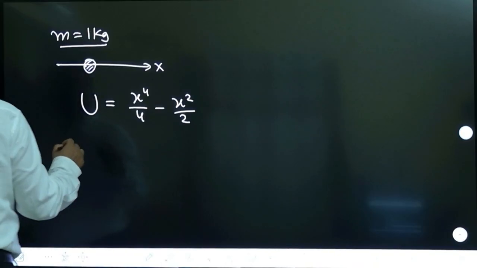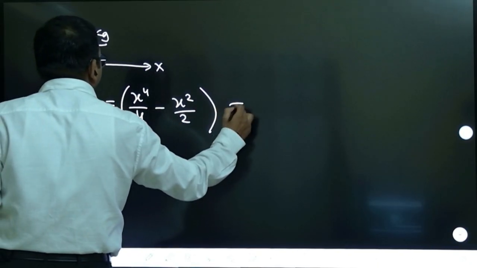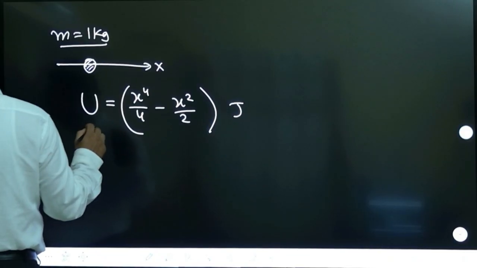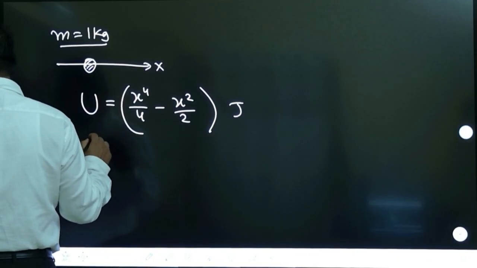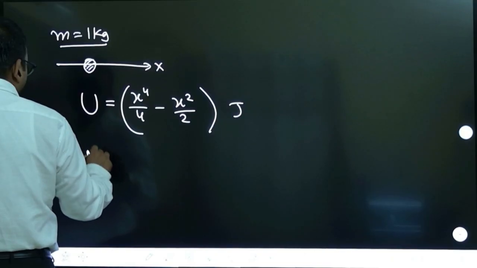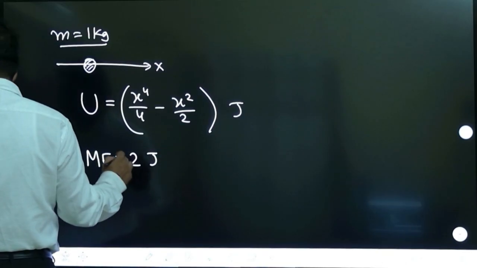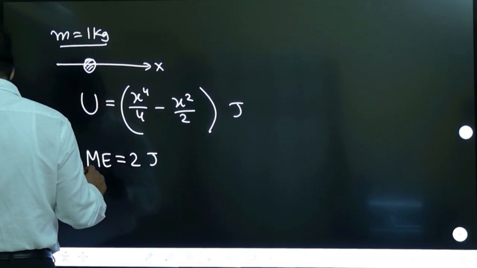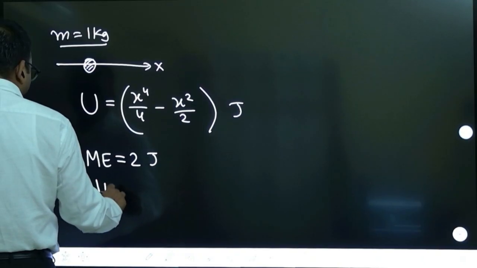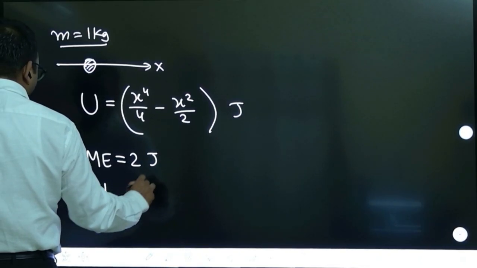Potential energy is in joule, SI unit. Total mechanical energy of the particle is 2 joule. They are saying that the mechanical energy of the particle is 2 joule. Then they are asking what is the maximum speed of this body.